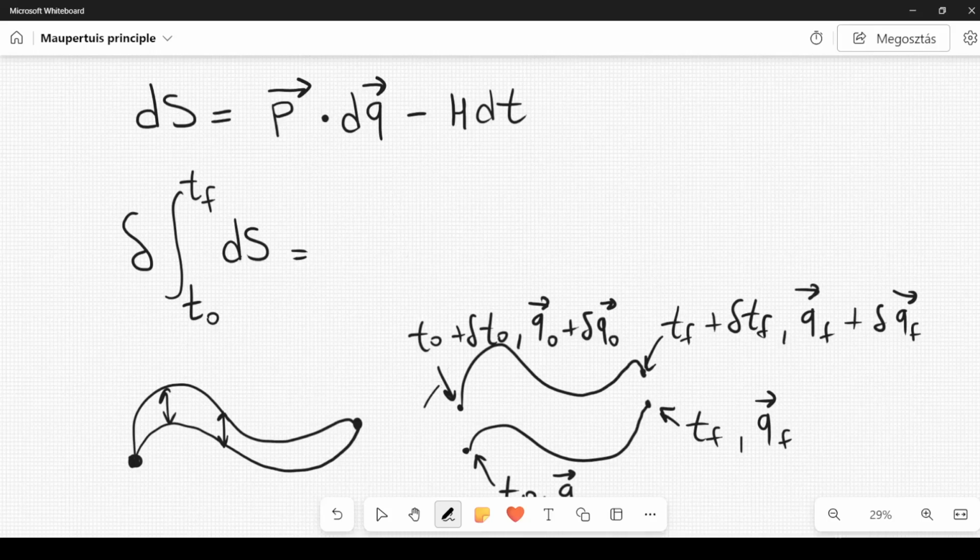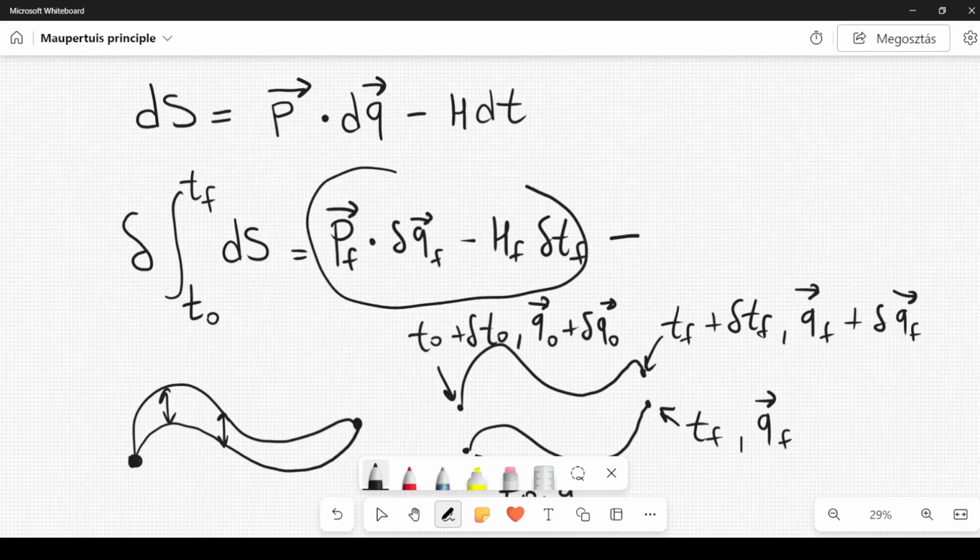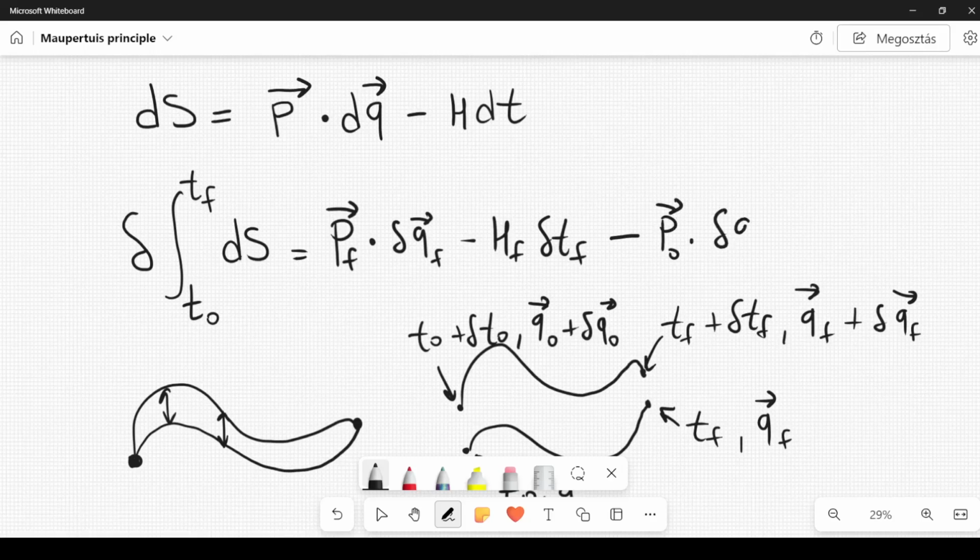But then we also have to take into account the variation of the endpoints, and in particular we get basically pf dot product delta qf minus Hf delta tf, and then we have to subtract the same quantity but at the initial point t0, so we have p0 dot delta q0 minus H0 delta t0.